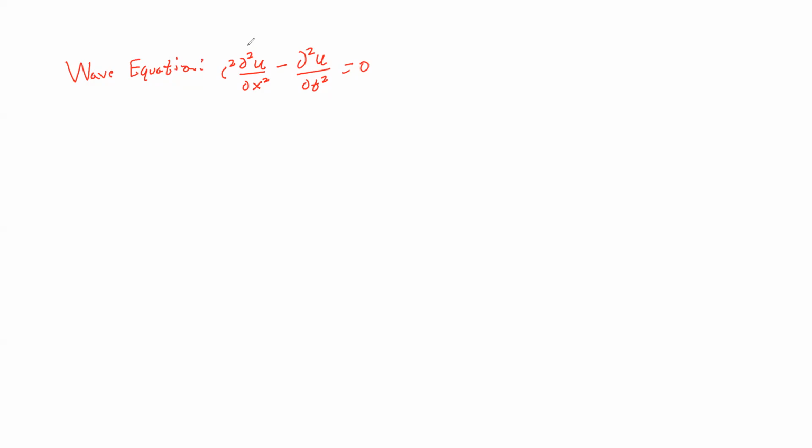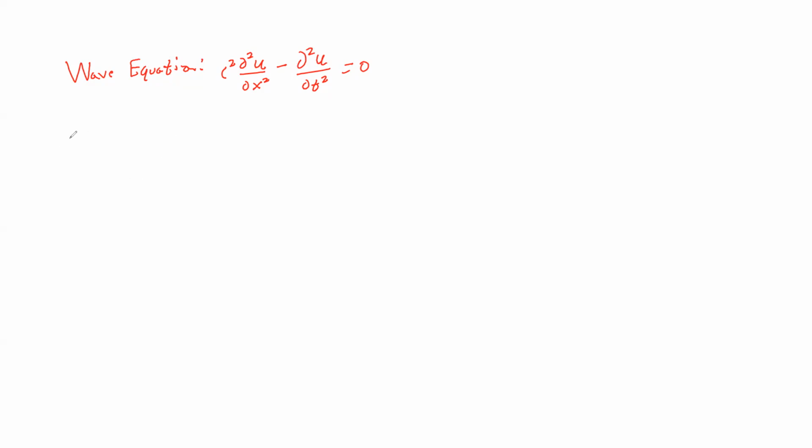But now we're going to talk about the general solution to the wave equation. Now, we can formulate the general solution in two different ways. One is beneficial to be used with initial value problems, and the second to be used with boundary value problems.